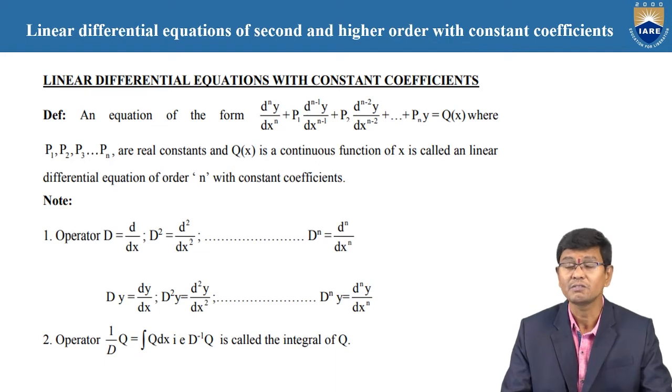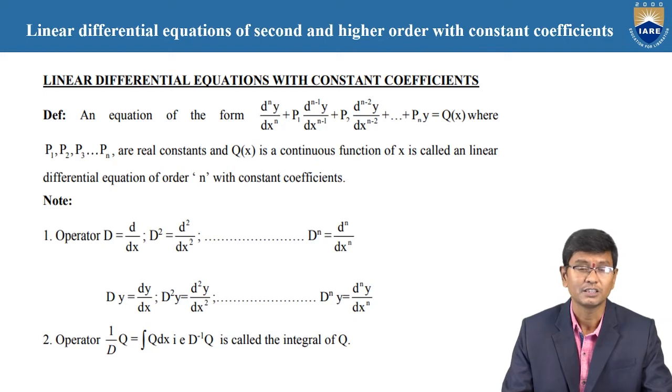An equation of the form d^n y/dx^n + p1 d^(n-1) y/dx^(n-1) + p2 d^(n-2) y/dx^(n-2) + and so on + pn y = q(x), where p1, p2, p3 up to pn are constants and q is a function of x only, is called a linear differential equation of order n with constant coefficients.